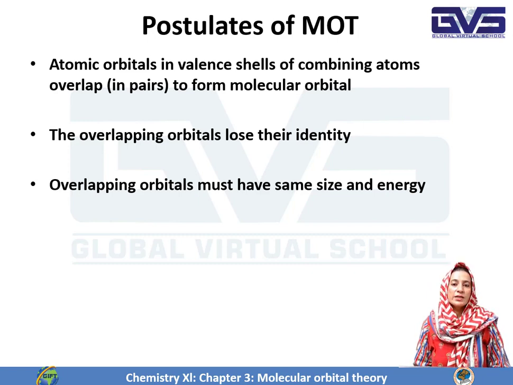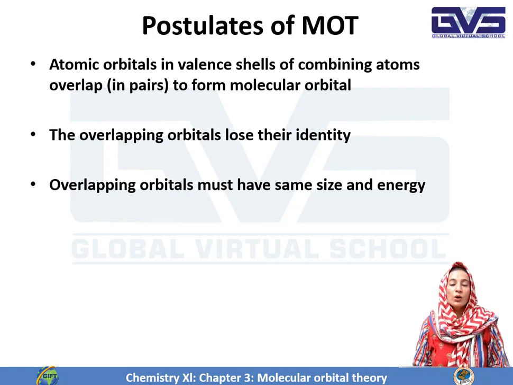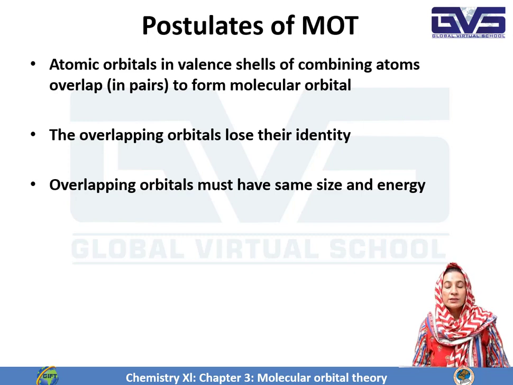In previous theories, there was no concept of overlapping of the same size and energy. Different atomic orbitals of different energy, like in hybridization, overlap to form hybrid orbitals. But in this case, it is a must condition that overlapping orbitals must be of the same size and same energy. Like 1s can overlap with 1s, 2s can overlap with 2s, but 1s and 2s cannot overlap.